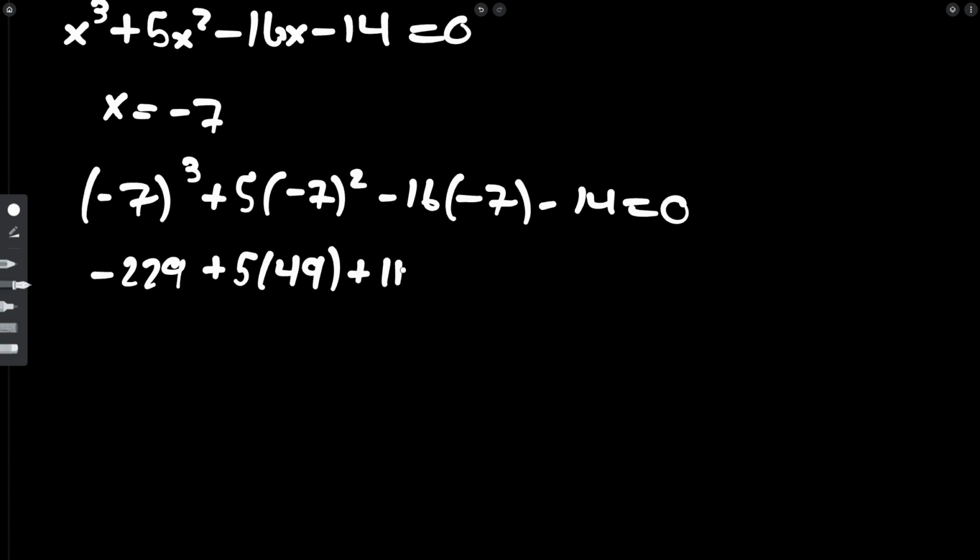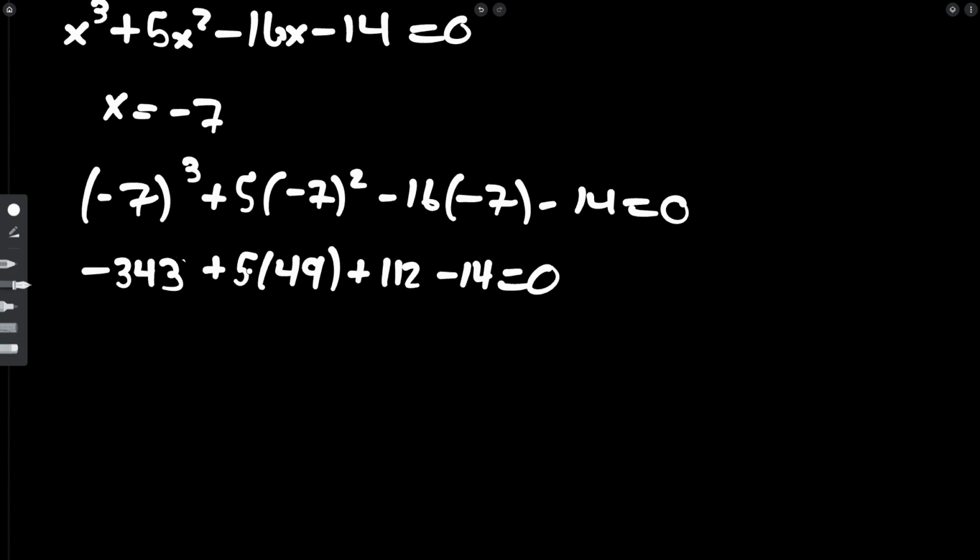That's 112 minus 14 equals 0 here. Quickly double check that cube that I've just calculated. Never mind, I wasn't even close. It was 343. Oh well, we live, we learn.